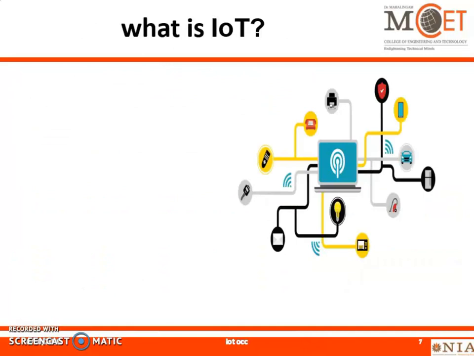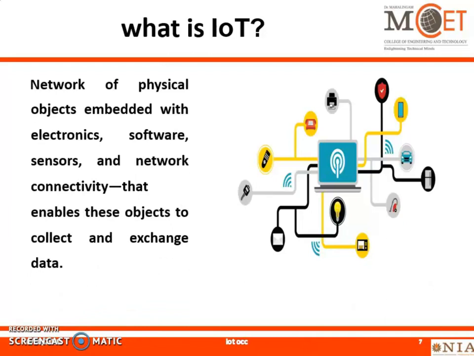So now with these basic things, we will come to the definition of IoT. It is a network of physical objects embedded with electronics, software, sensors and network connectivity that enables these objects to collect and exchange data. I think we have already discussed all these parameters in this definition.